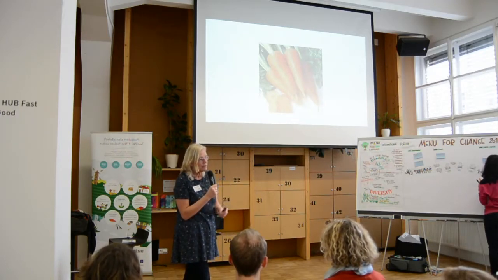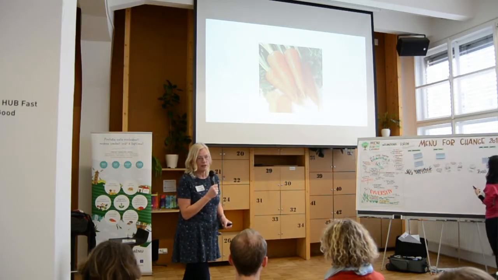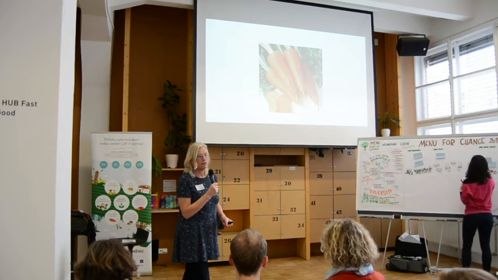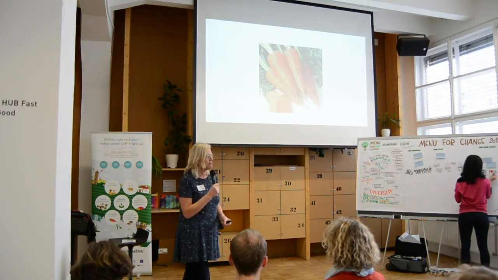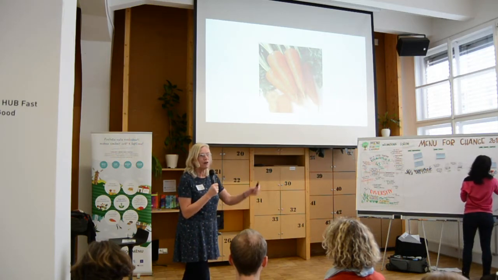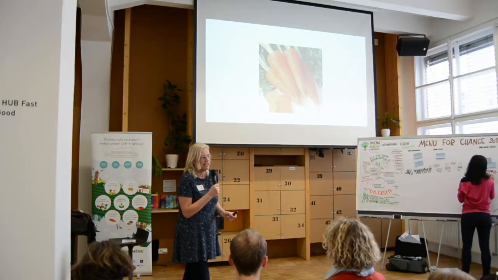So if you peel the vegetable, you're taking most of the vitamin C away. So this is why people say don't peel your vegetables too much. Just take enough off to take the mud away, but don't peel very thickly, because you'll be taking the vitamin C.